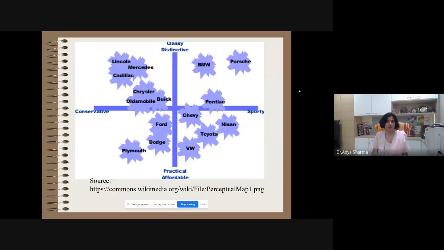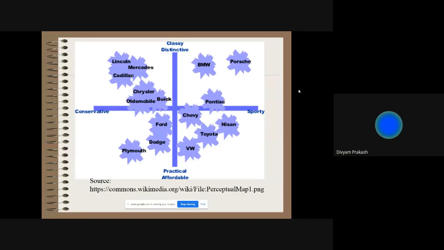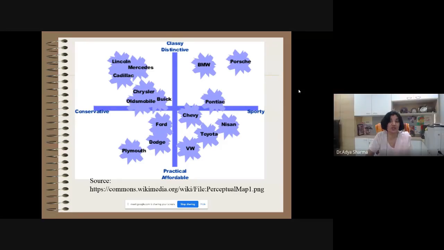This is a very old perceptual map, but it shows the positioning of various cars in the mind of the consumer. And very interesting. Look at BMW. BMW, according to this perceptual map, is classy, distinctive, but it is sporty.